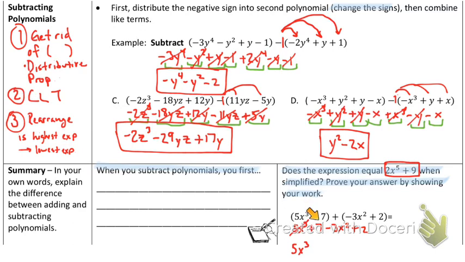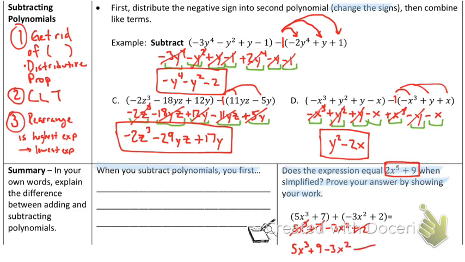Move on to positive 7. He is a like term with positive 2. They are constants. So positive 2 and positive 7, that gives me positive 9. Cross them out. And then we bring this last term down, negative 3x squared. We just bring it down. There's nothing else to combine with.